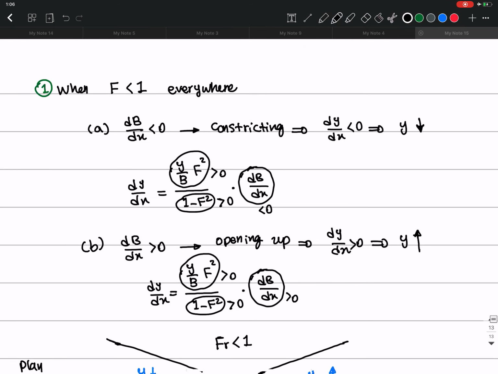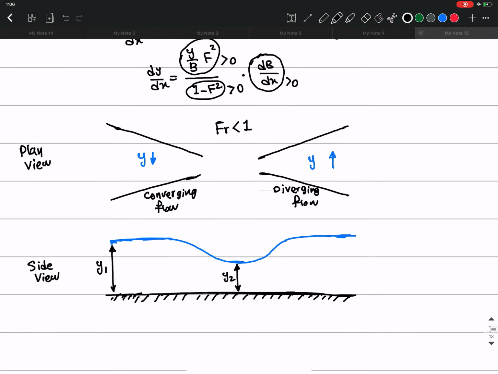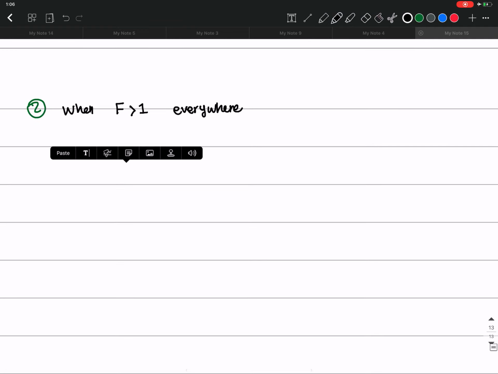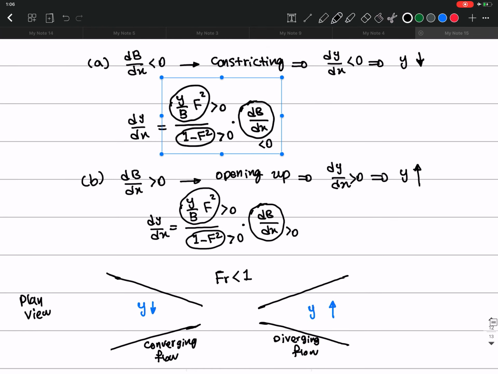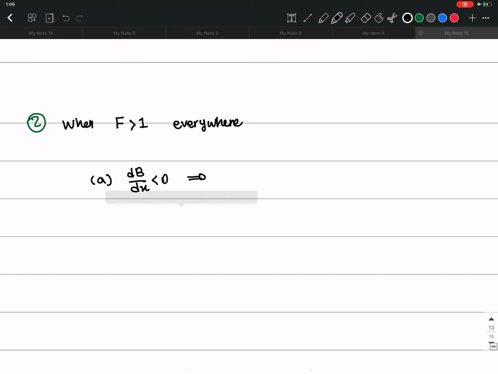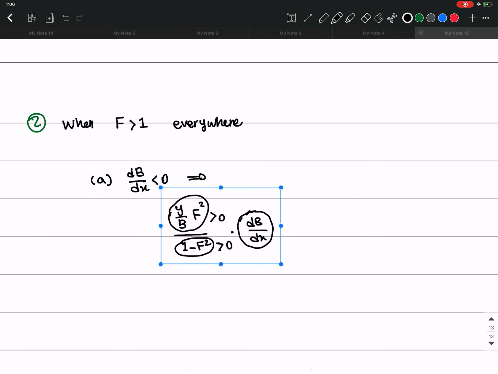So similarly, you can do this and you will get, when we have a converging flow, when we have dB over dx decreasing, now because flow number is greater than 1, this term is going to be smaller than 0. And this term is also smaller than 0.